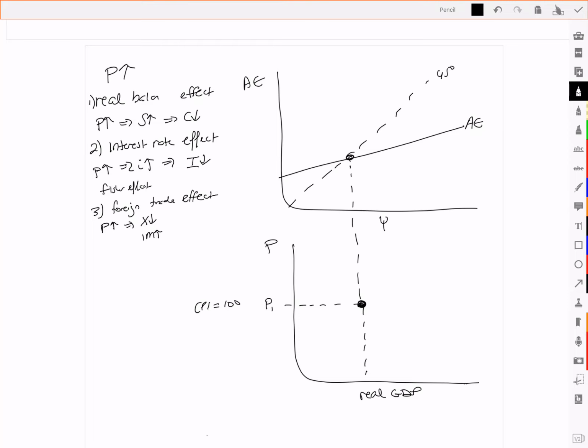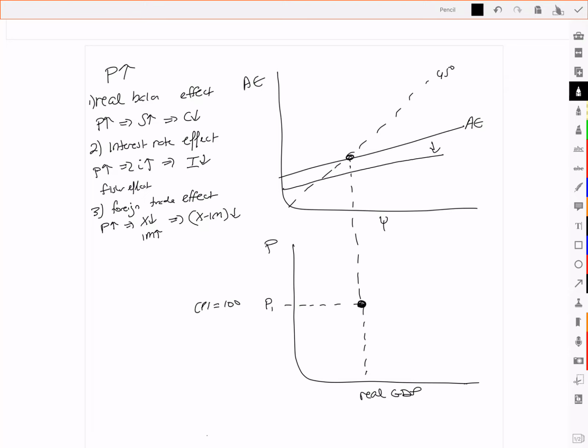So if exports go down and imports go up, then exports minus imports go down. Well, if consumption spending is decreasing and investment spending is decreasing and net exports are decreasing, then what's happening to aggregate expenditures? Aggregate expenditures is decreasing.